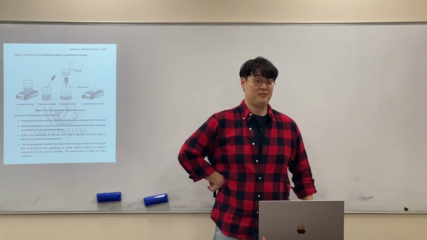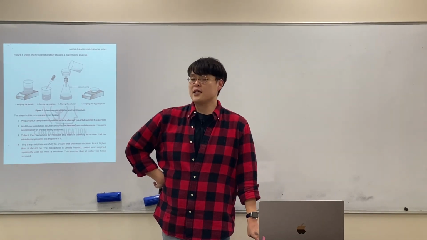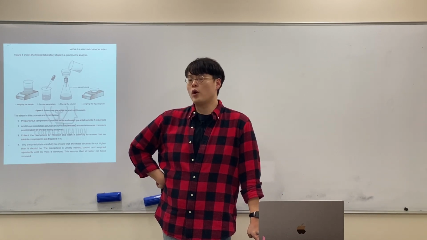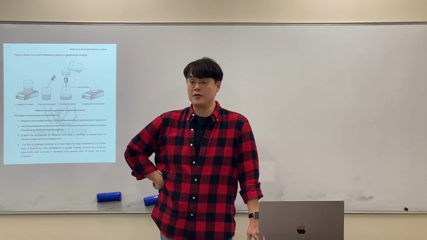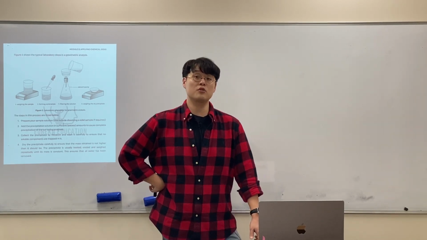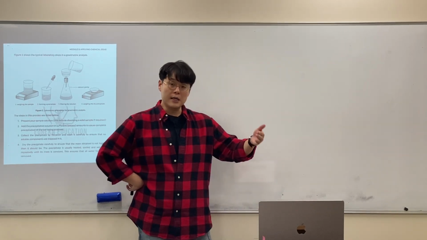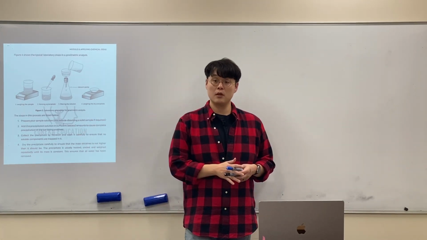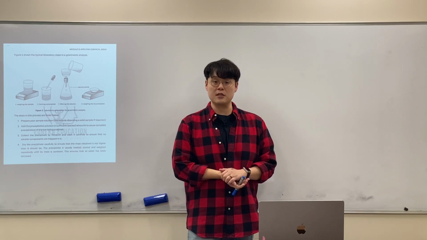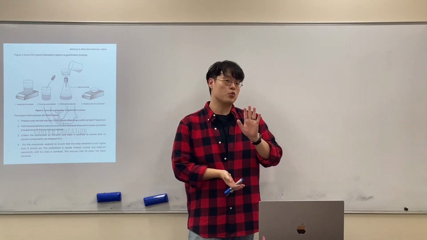Smell, sight. Qualitative is simply testing for the presence of cations or anions. We just want to know whether we have the calcium, whether we have the iodide, just like what we've done in here. That's called a qualitative analysis. We don't care about how much we have.